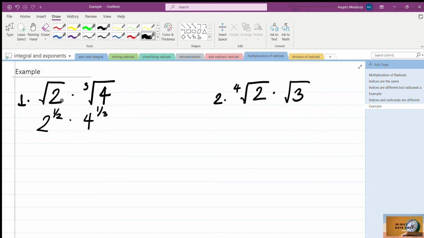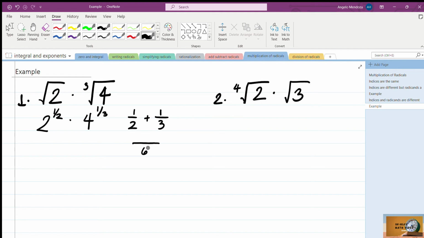Since you have different radicands, we can express the fractional exponents as a single fraction, or they must have the same denominator. So you have 1/2 plus 1/3. Basically we're going to add 1/2 and 1/3, so finding the LCD of 2 and 3, that will be 6.